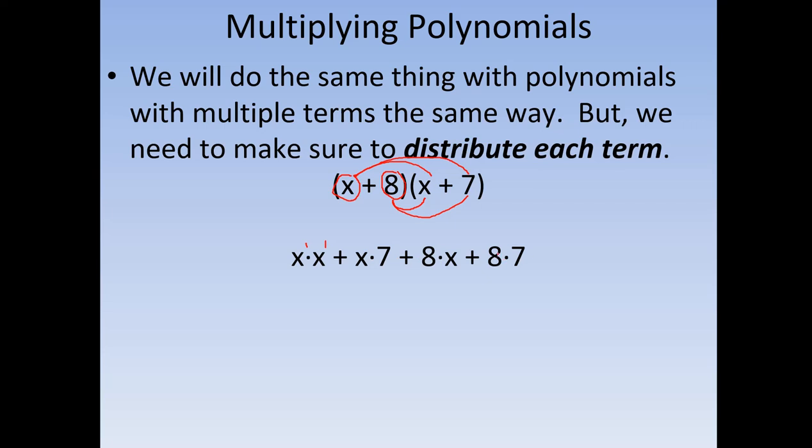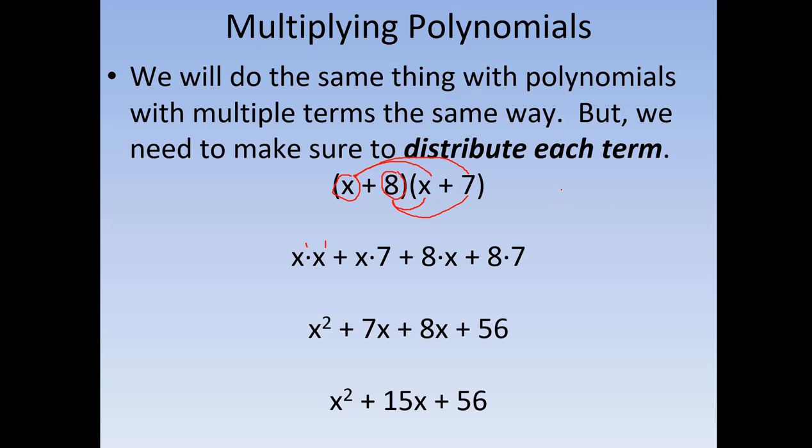And then these are coefficients, or constants in this case, and we're just going to multiply them normally. So we end up getting this. The 7x and 8x have a common variable, so I can actually add them together, and this becomes x squared plus 15x plus 56.